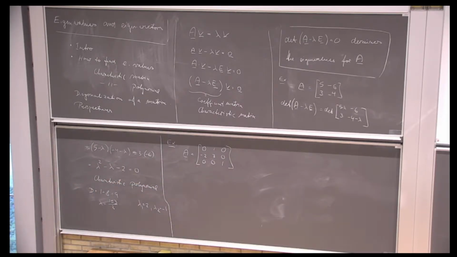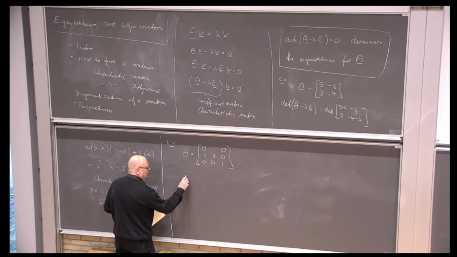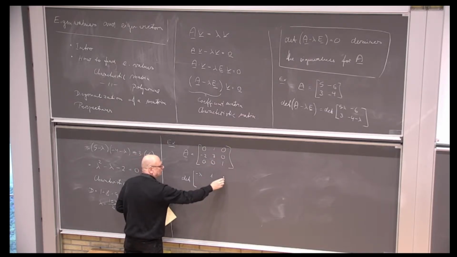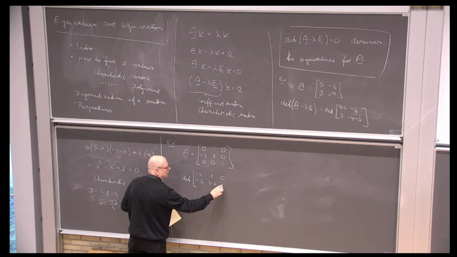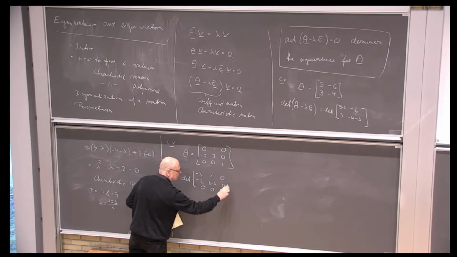And I can immediately write down the polynomial that I'm going to solve, because I want to find the determinant of this matrix minus lambda. I subtract lambda from the diagonal: 1, 0, -2, 3 minus lambda, 0, and then 0, 0, 1 minus lambda.